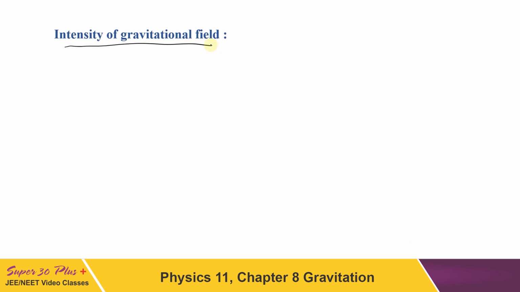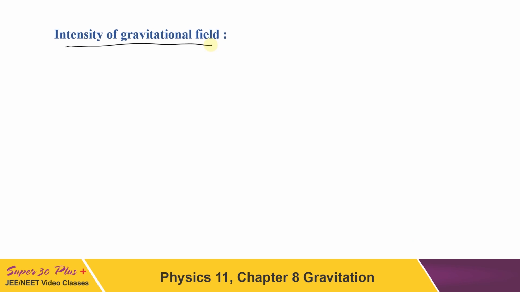What is intensity of gravitational field? Intensity of gravitational field can be defined as the force experienced by a body of unit mass placed at any point, provided the presence of unit mass does not disturb the original gravitational field. Then the field at that point will be equal to the force experienced by the body.